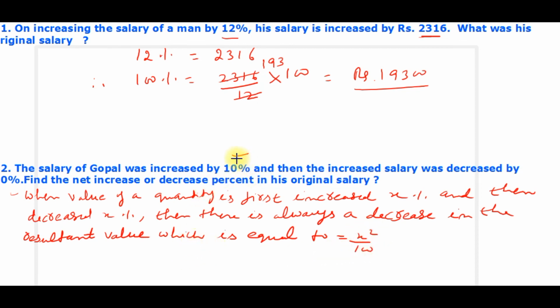So here in this question, in place of x we will put 10. Therefore percent decrease would be equal to 10 square upon 100. 10 10s are 100, 100, and this will be cancelled.